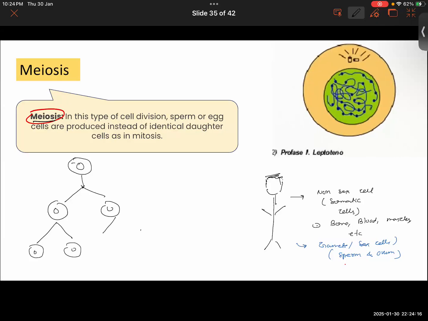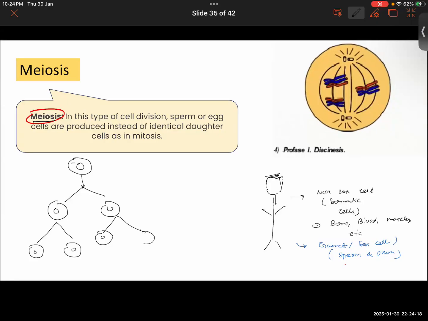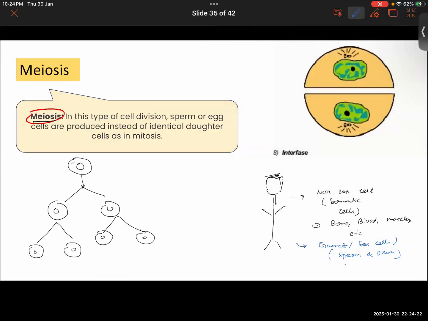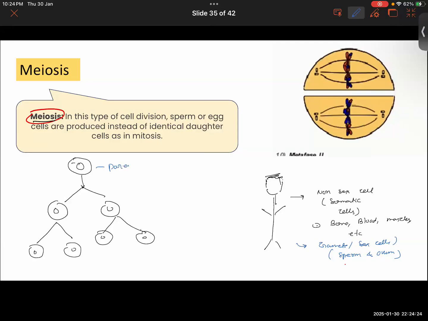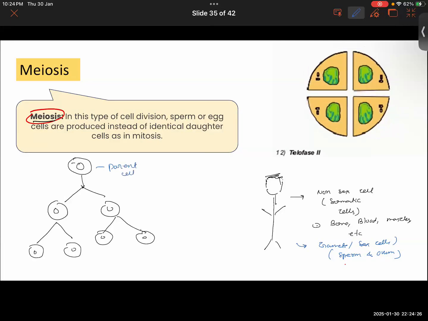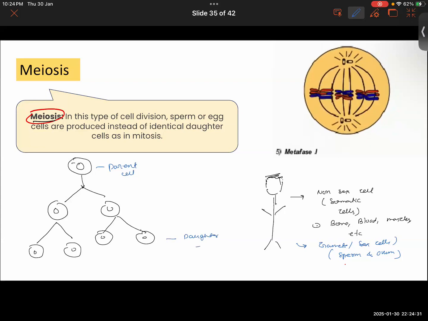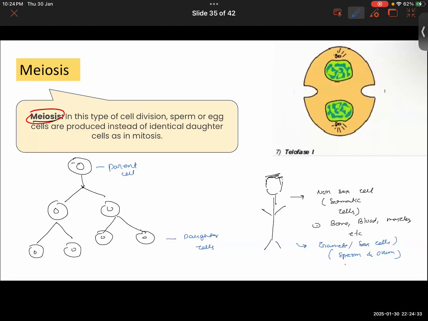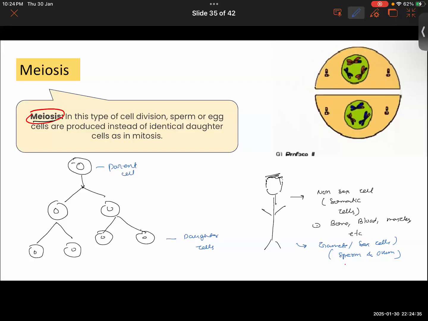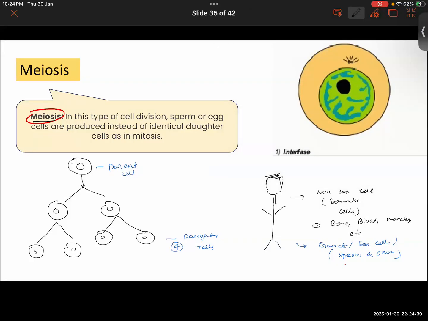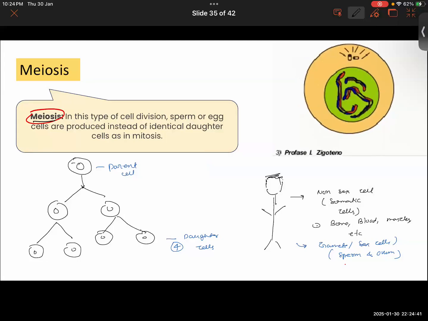So ultimately, how many cells are formed? This was the parent cell, and these are the daughter cells. How many daughter cells do we get here? Four. Okay, so four daughter cells are formed in the process of meiosis.